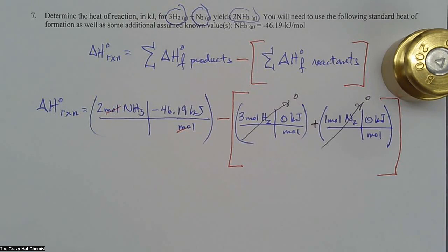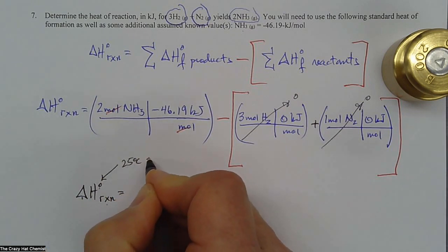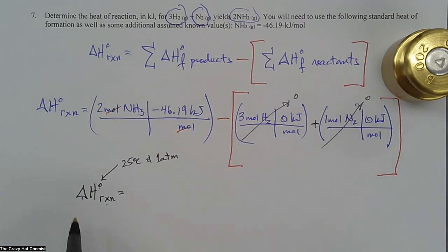And that makes this a really simple problem here. So the delta H naught for the reaction, the change in enthalpy under standard conditions, where standard conditions is 25 degrees Celsius and 1 atm pressure, that's what that little superscript naught means.